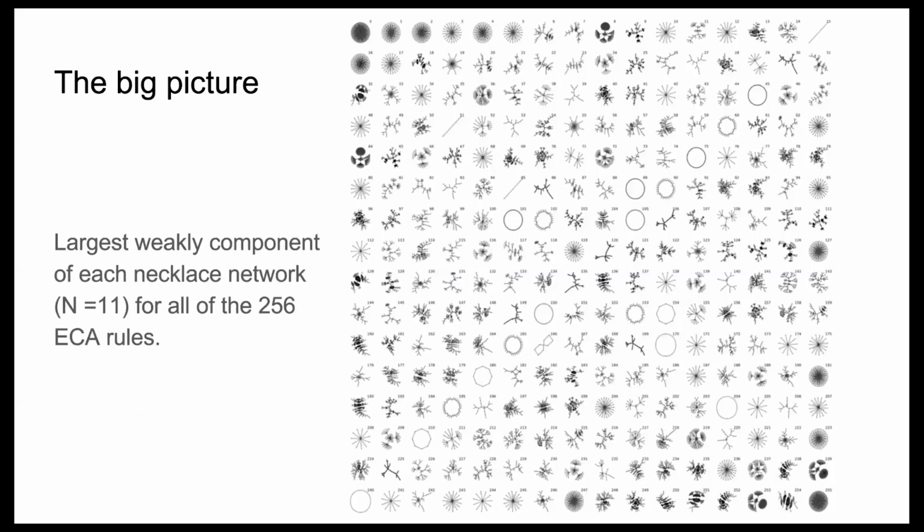And I would like to conclude on this big picture, which I personally find very nice. I feel like maybe someone should put it on a t-shirt or something. It shows all the 256 possible rules, number 0 in the top left and 255 in the bottom right, sampling basically the largest weakly connected component for n equal 11.